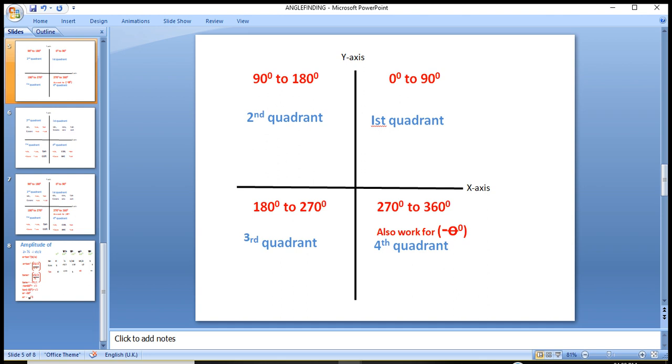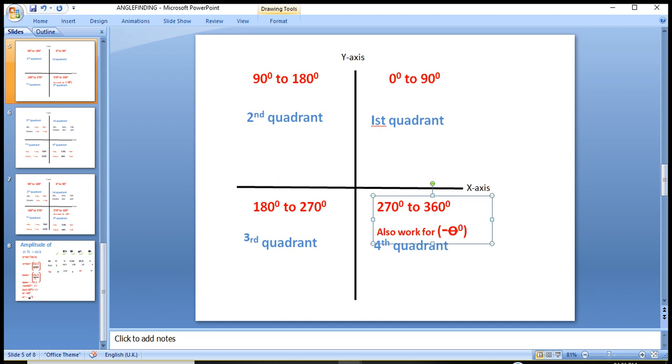Next I tell you, you are seeing, you have learned the first quadrant works for 0 to 90 degrees, the second quadrant works for 90 to 180 degrees, and here you will learn a new thing. What?